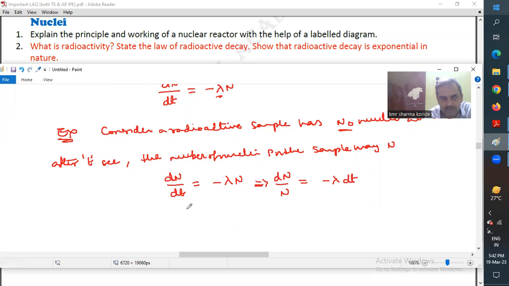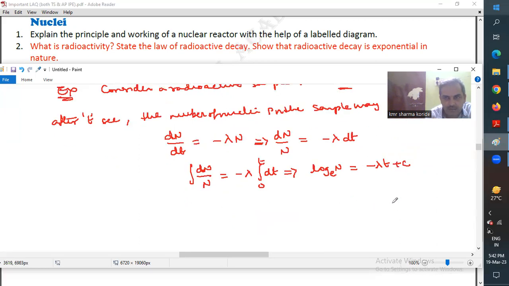So integrating this, the integral of dN by N is equal to minus lambda times the integral of dt from 0 to t. So if you integrate this, this is going to be log base e N is equal to minus lambda t plus a constant. Call this equation 1. Suppose at t equal to 0, the time the radioactivity just begins, N equal to N0.